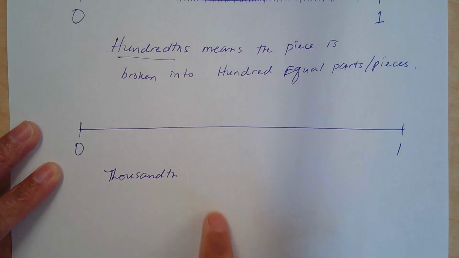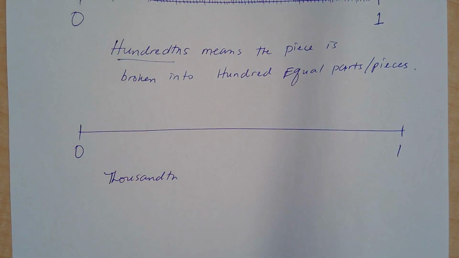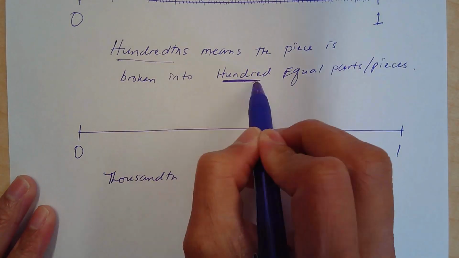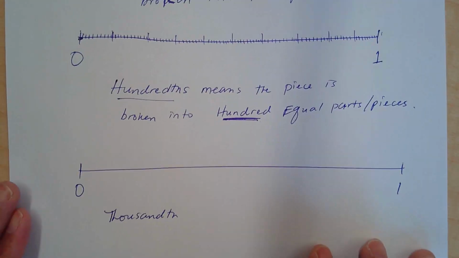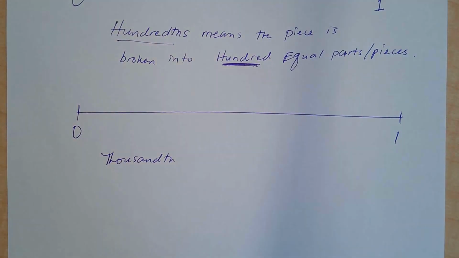Okay, so when we have the place value of the thousandth, how many tiny pieces would that be? Hundredth means 100 equal pieces. Yeah, 100 times 10.